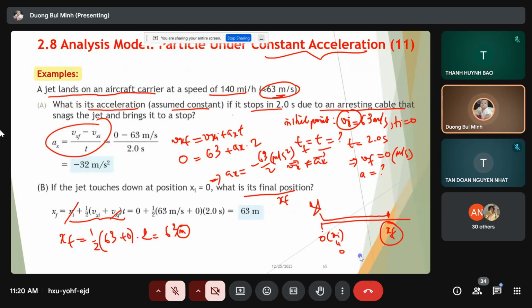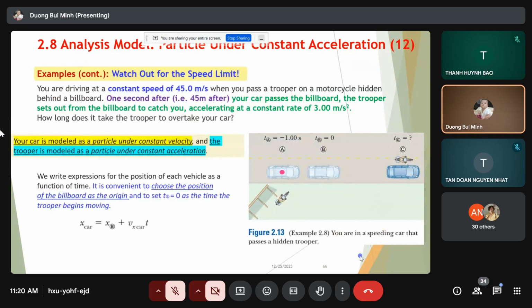So, this example. You are driving at a constant speed, 45 meters per second, when you pass a dropper on a motorcycle.